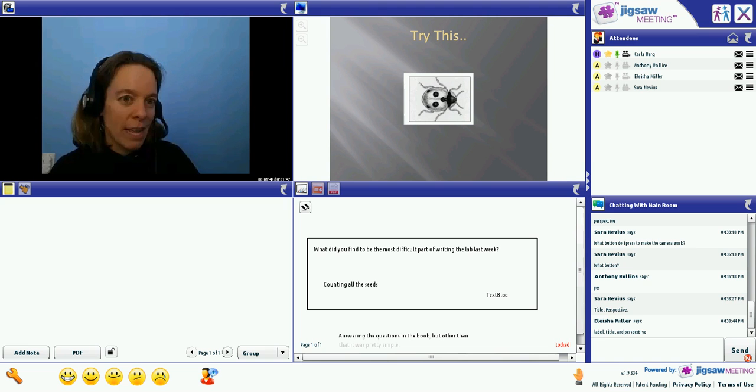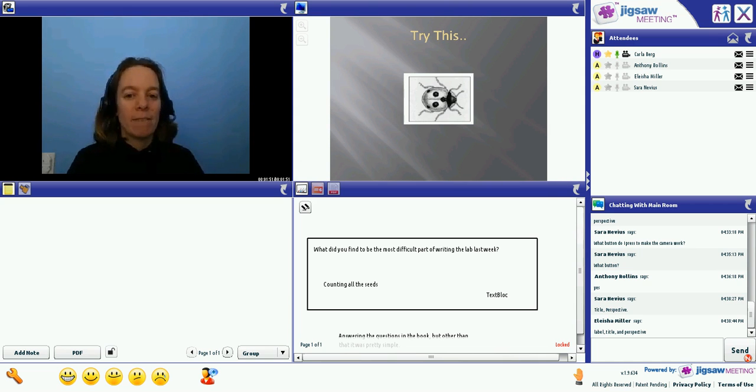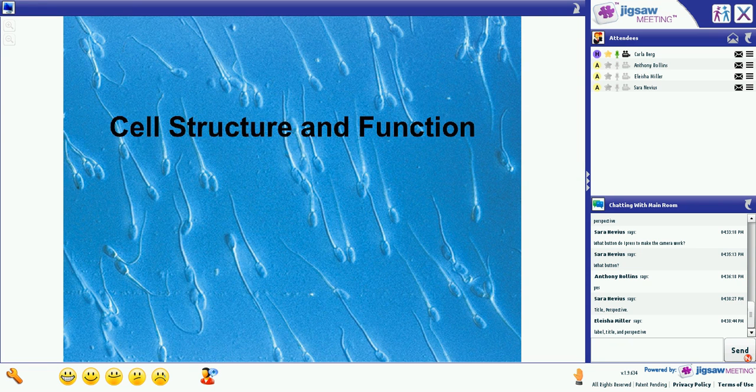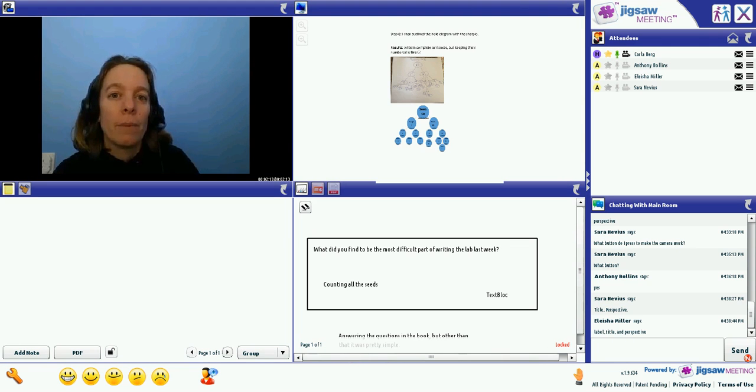We are going to switch gears now, and we are going to talk about cells. Your homework this week is going to be a combination of scientific drawing and diagrams and cells. I know most of you have looked at cells in your actual biology class, but we want to take a look at a few specific parts of cells.